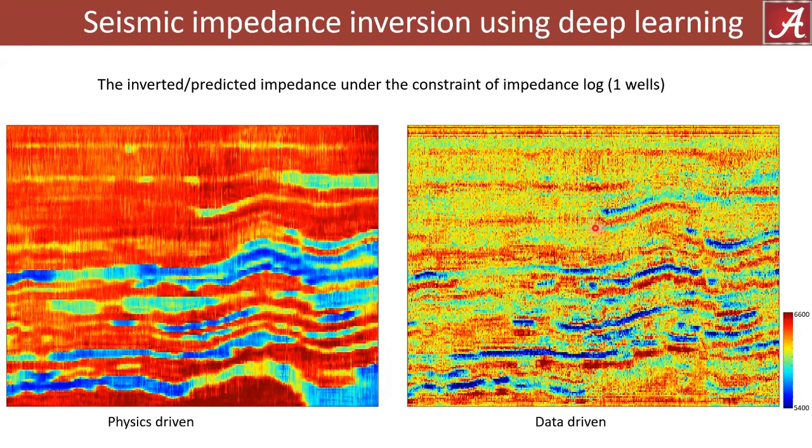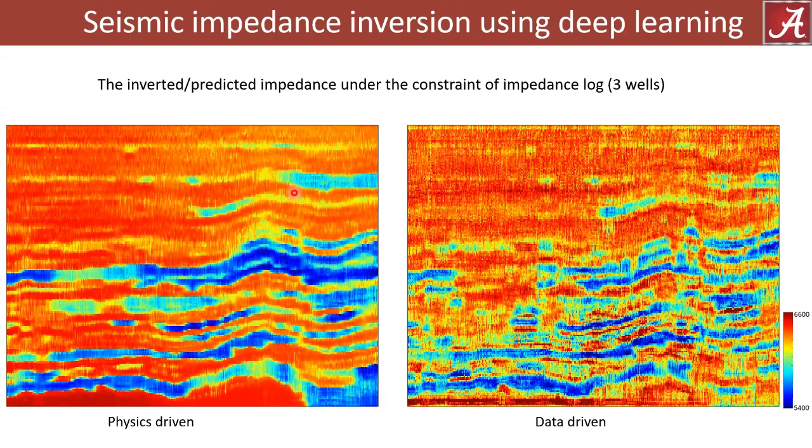There's a lot of chaos there. The color is not even close to right. But with physics-driven, the overall result is better and close to the true impedance. But we can still see some discontinuity here because of the random noise.